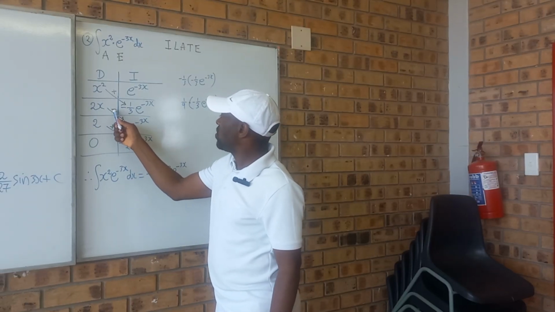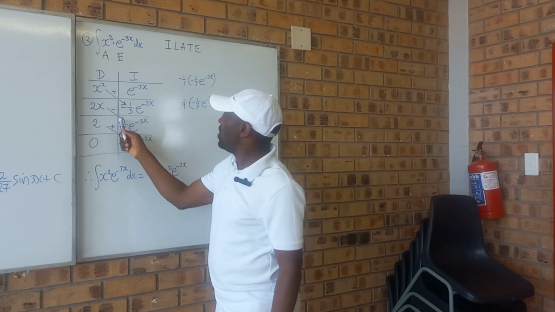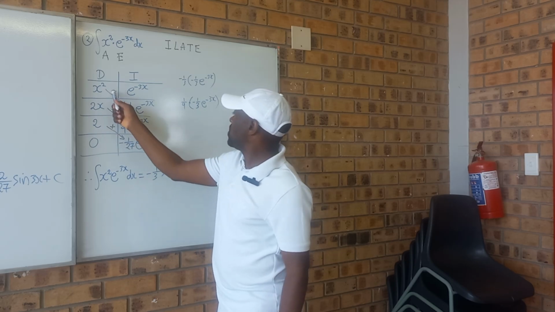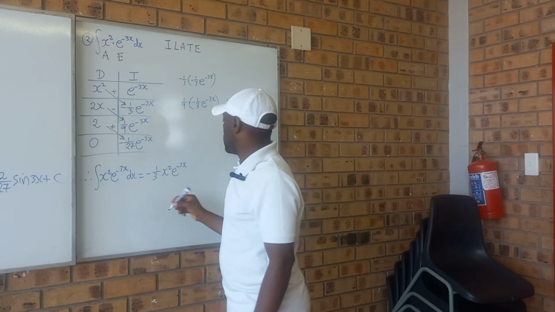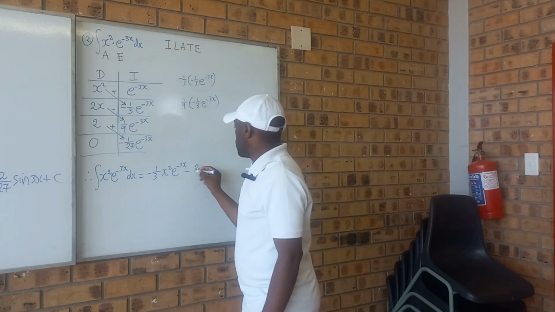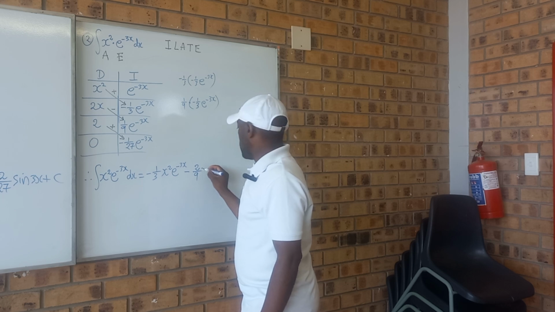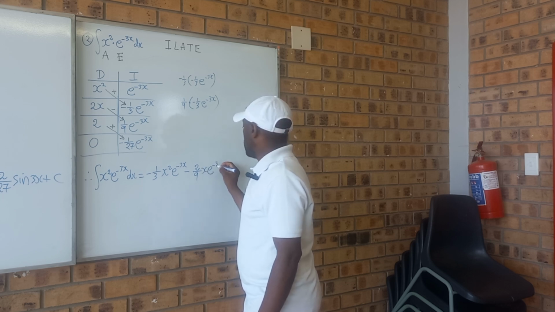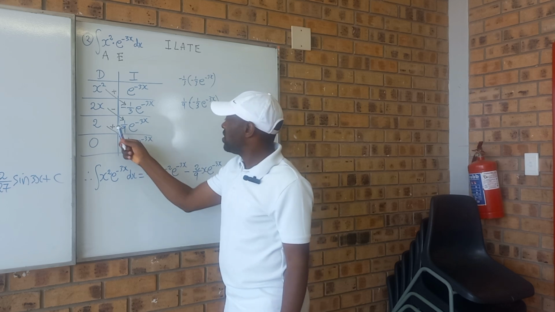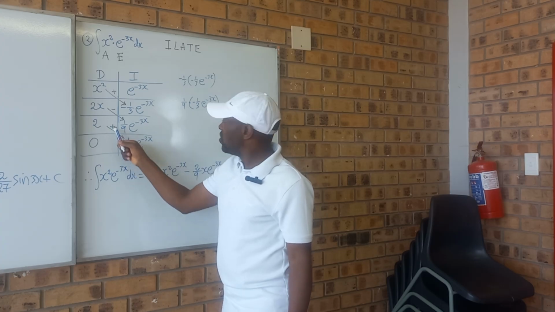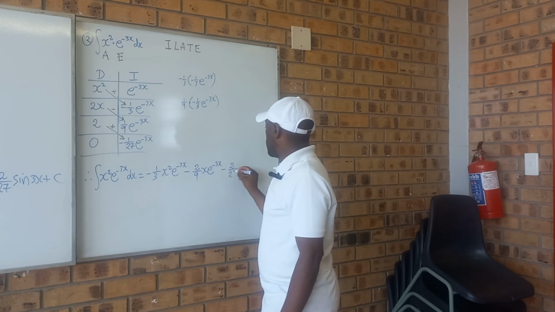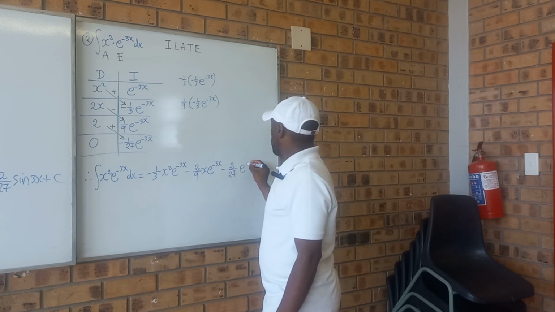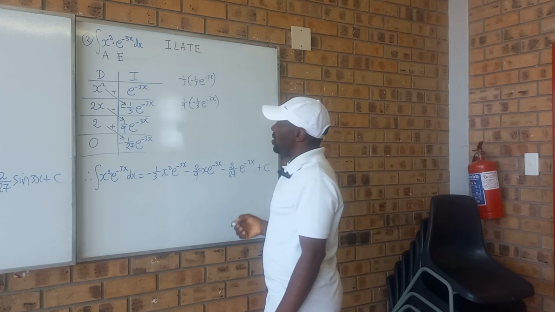You see that the second term will be negative, just like the first. The first was negative because of this negative here. The next will be negative because of the other negative. So it's negative 2/9 x e to the power negative 3x. Then the last term is also negative. When you study those two signs, it gives you negative 2/27 e to the power negative 3x plus c.